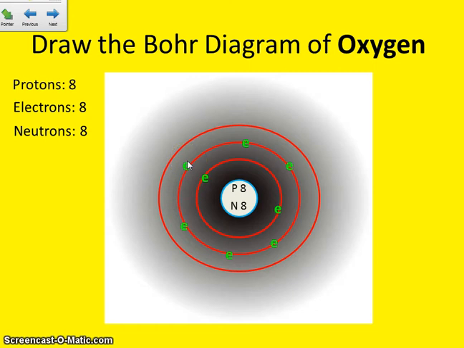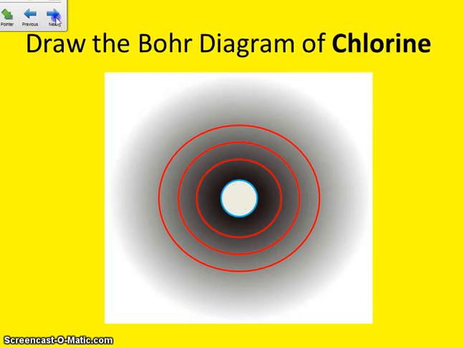So that ring's not completely full, but overall we have 8. 2 in the first ring, 6 in the second, and that creates our 8 electrons that we have. So this would be the Bohr diagram for oxygen. Okay? Try the last one on your own for chlorine. Pause the video, and when you're ready, play it again and see if you got it right.